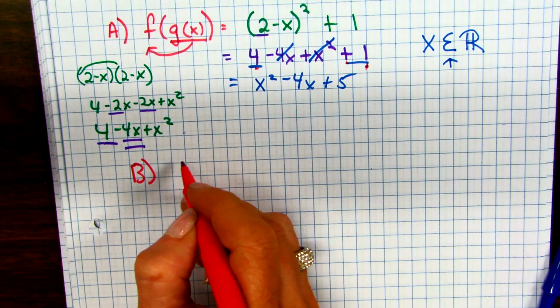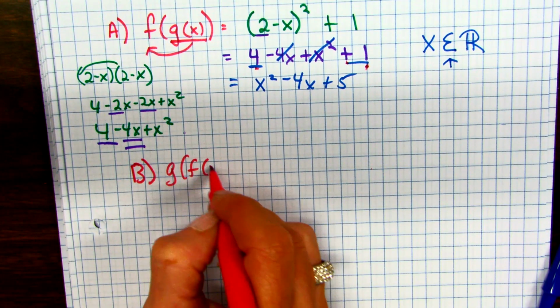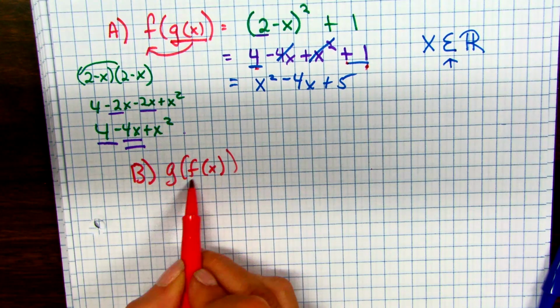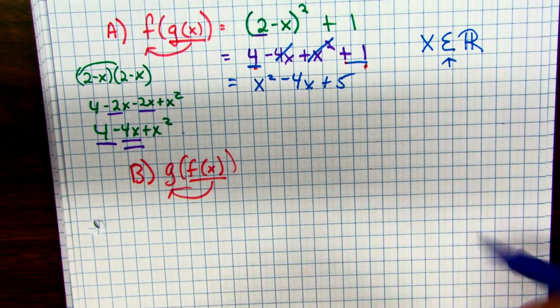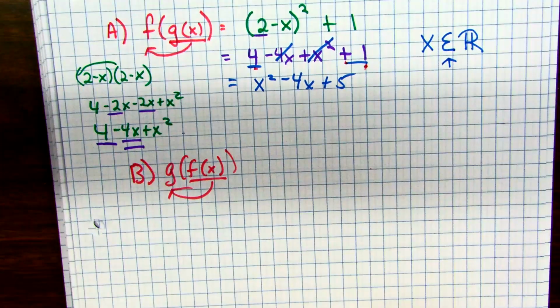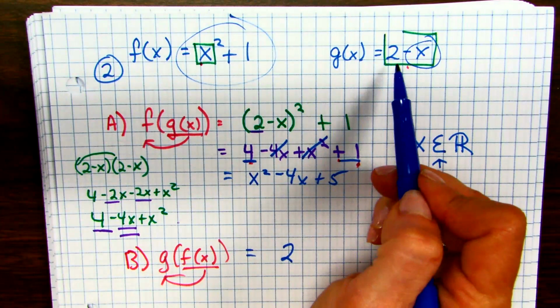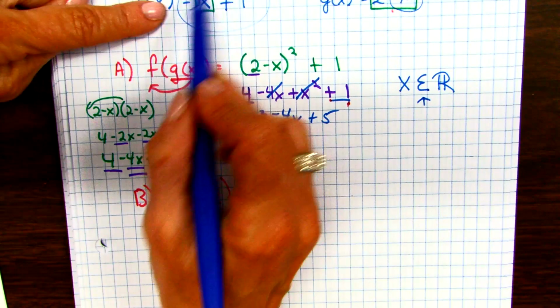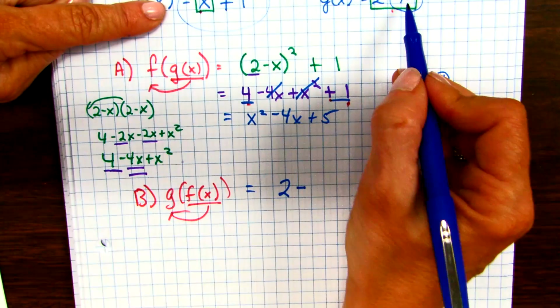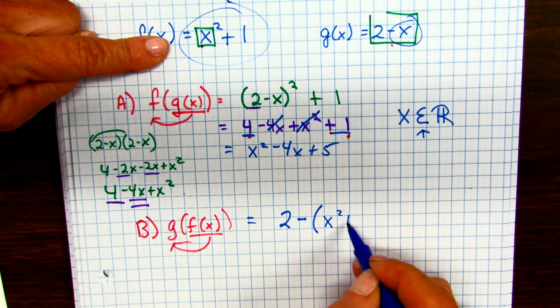1. Okay, part B is g of f of x. Plug f of x into g of x. So I'm going to take this whole thing, put it right there. So I'm taking this whole thing and putting it in for x. Since it's more than a monomial, I'm going to put it in parentheses. Right?